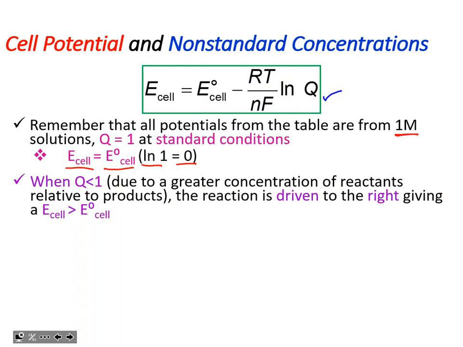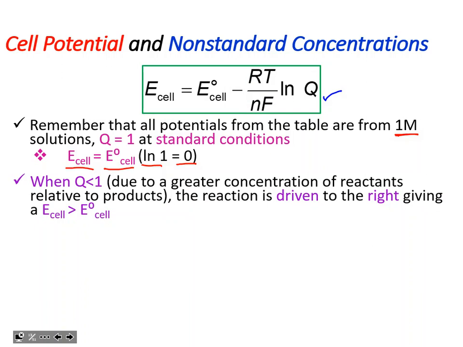When we don't have all 1 molar solutions though, we have a different deal going on. Due to greater concentration of reactants relative to products, the reaction is driven to the right, giving a non-standard E cell a little bit greater than the standard E cell.